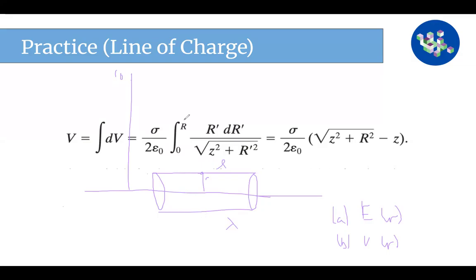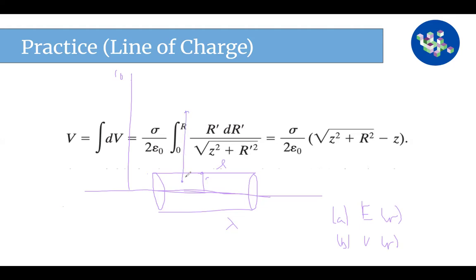Then by Gauss's law, first I want to look at what the electric field lines look like. Because this is an infinite wire, if you imagine putting a charge over here, it'll go directly upwards. It'll always travel radially.